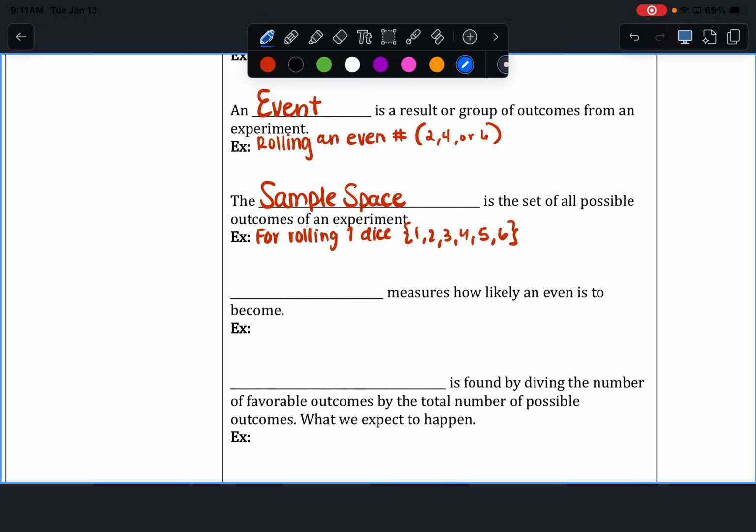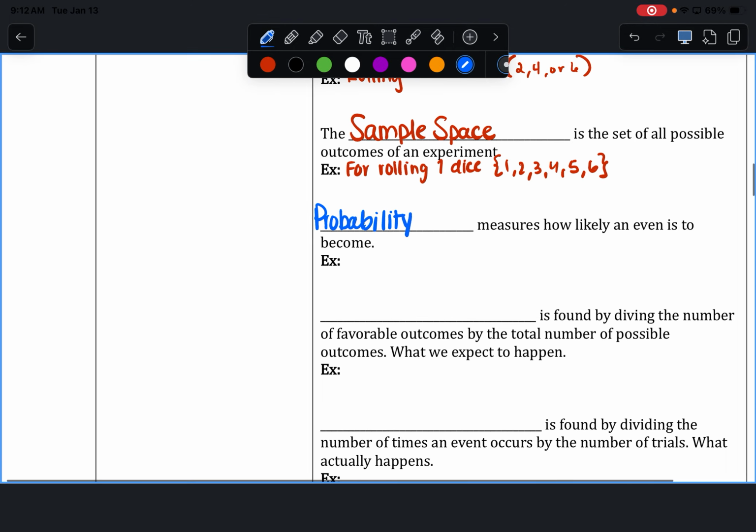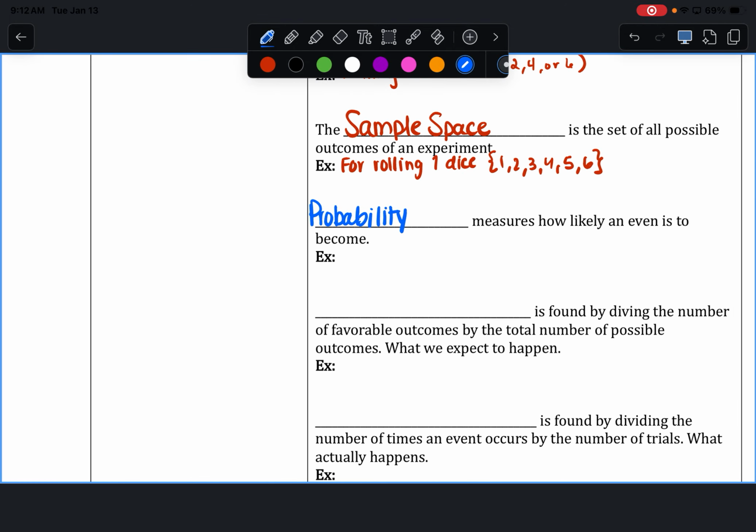Now, a probability measures how likely an event is to occur. Okay? So, to find a probability, over here at the side, we're going to write how to do this. The probability of an event is equal to a fraction.